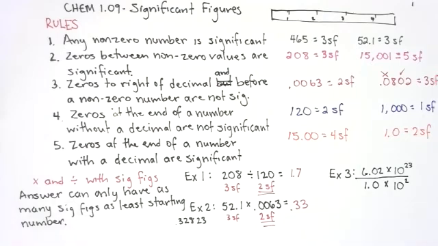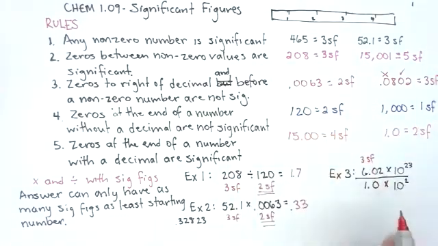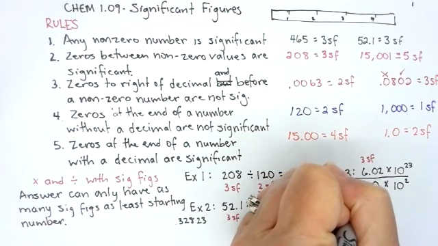When you're doing scientific notation and you're talking about sig figs, you do not look at the exponents. You look at the operators. So I know that 6.02 divided by 1 is going to be 6.02. But when we look at this from a sig fig perspective, this has 3 sig figs, because this 0 is in between a 6 and a 2. This has 2 sig figs. The 0 is to the right of a decimal, so these both count.